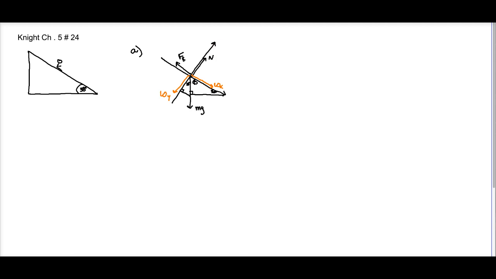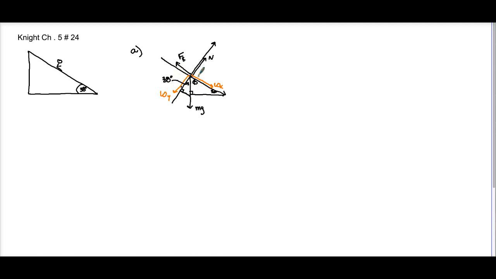It's kind of hard to see. Let's see if I can just put it in there a little easier. So 38 degrees is going to be that angle as well. So when you look at this now, you'll see that the x component becomes the opposite side of our triangle, and the y component is now the adjacent side of our triangle.